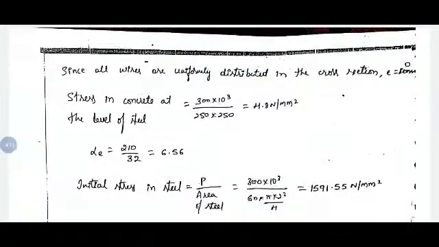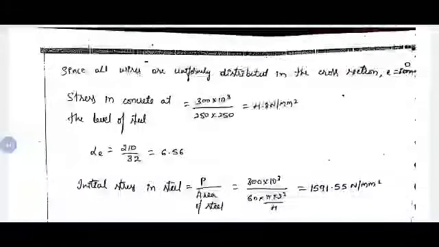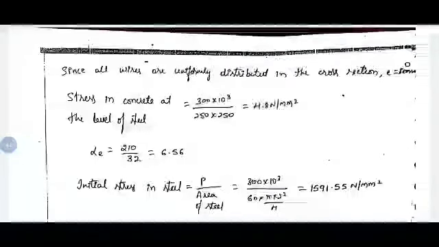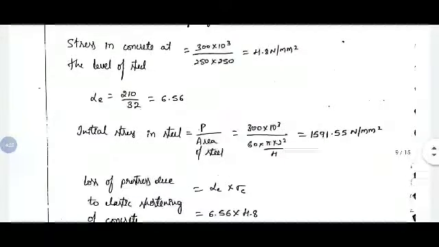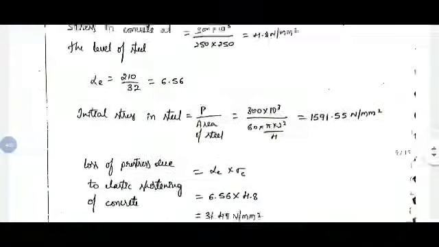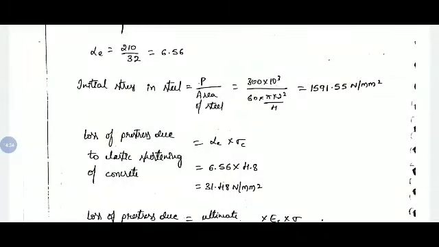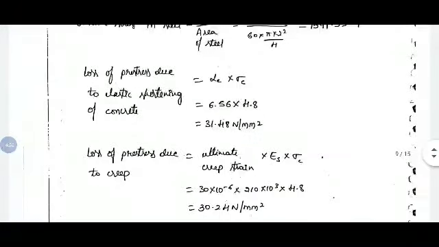Alpha E modular ratio, initial stress in steel, pre-stressing force upon area of steel. We have 60 wires of 2 mm diameter, so it is 1591.55 Newton per mm square. Then loss due to elastic shortening, modular ratio into sigma C. Loss of pre-stress due to creep, ultimate creep strain is given, so we need to go with ultimate creep strain method.